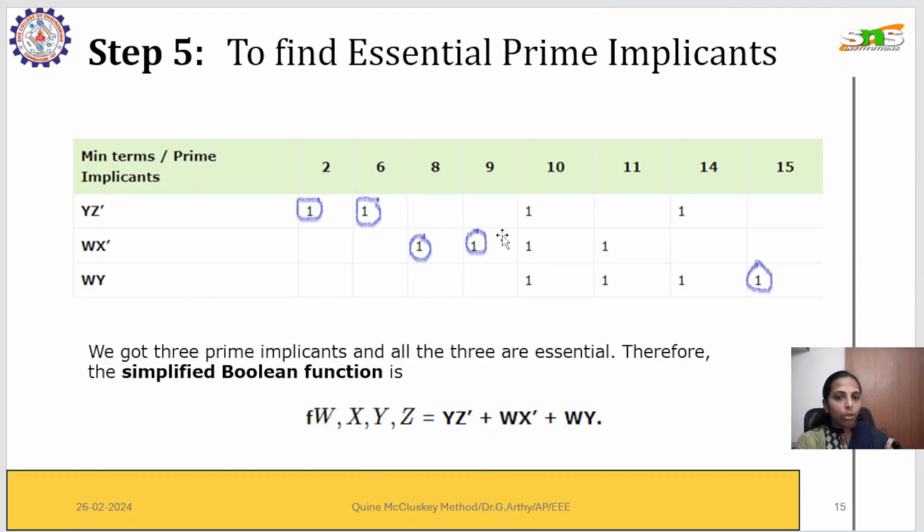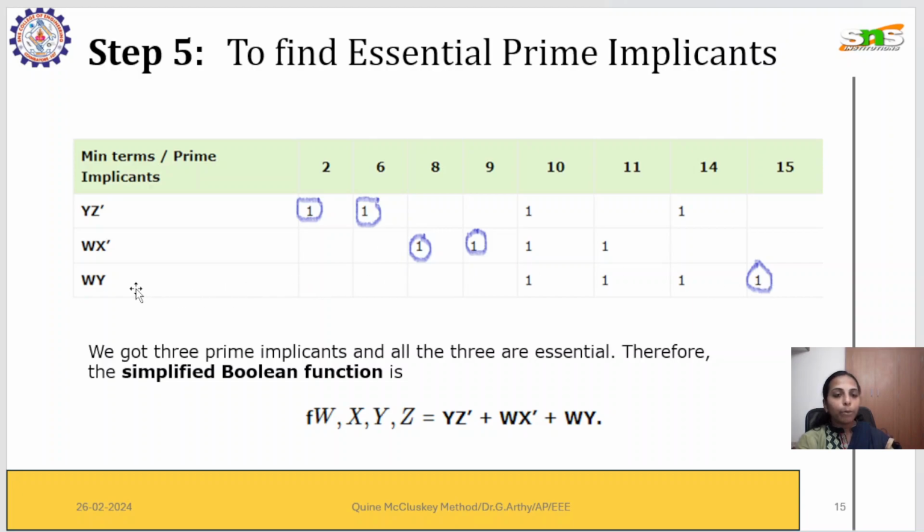And in this row also we have marked an essential prime implicant. If only one is there in the column, then we mark it as essential prime implicant. Then we consider the term related with this essential prime implicant, w x dash. Similarly for the last column also.